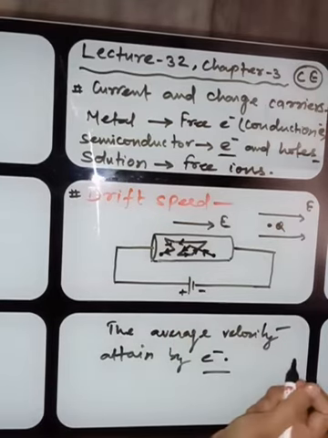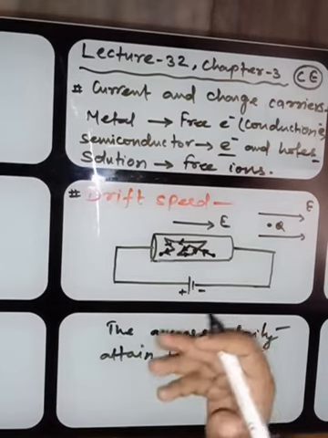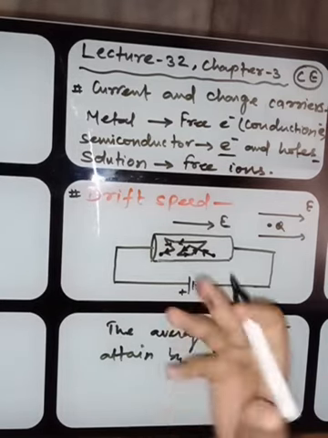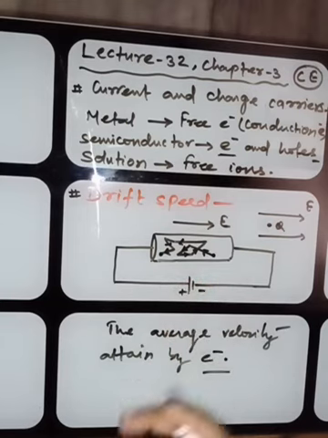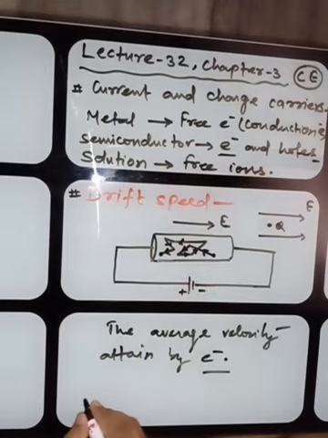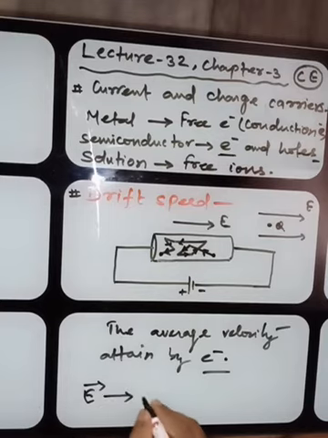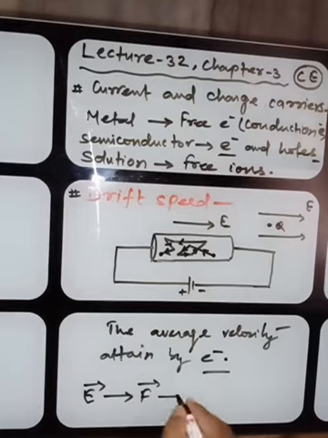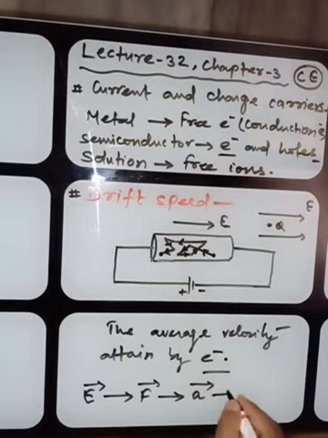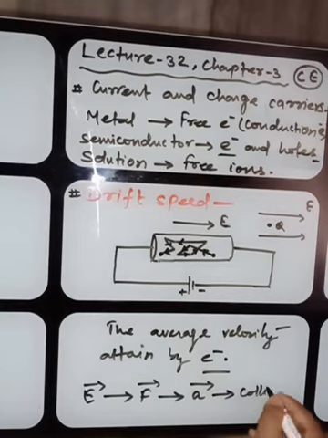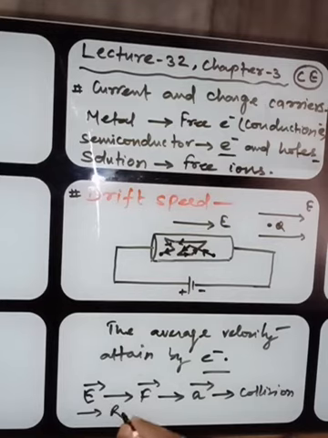Now my dear student, step by step I am telling you how this electron drifts inside the conductor. First we apply an electric field, then it experiences a force, then it starts accelerating, then it collides, then due to collision it comes to rest.